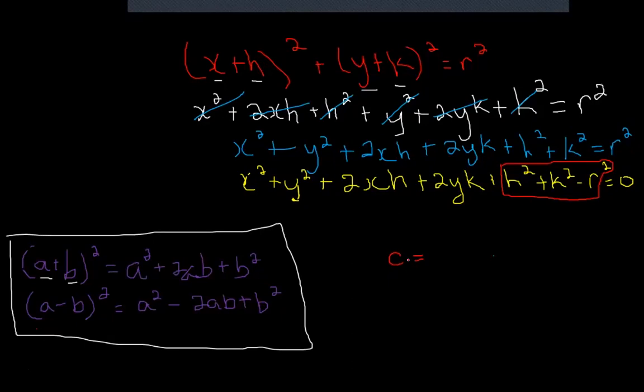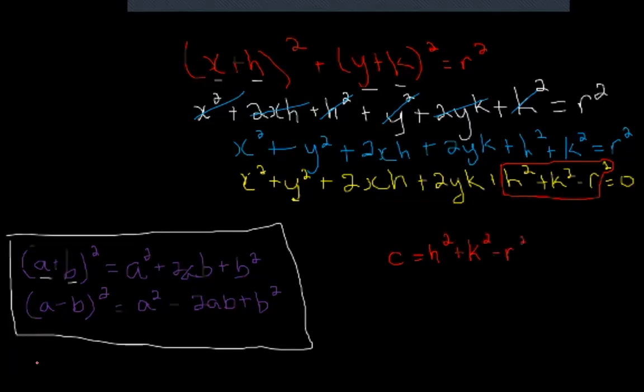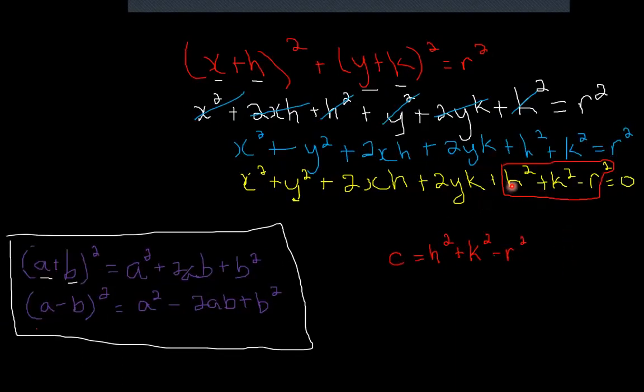C is a constant, so any number. What we learn is that C is equal to h squared plus k squared minus r squared. And that's what we see here in this red box: h squared plus k squared minus r squared.